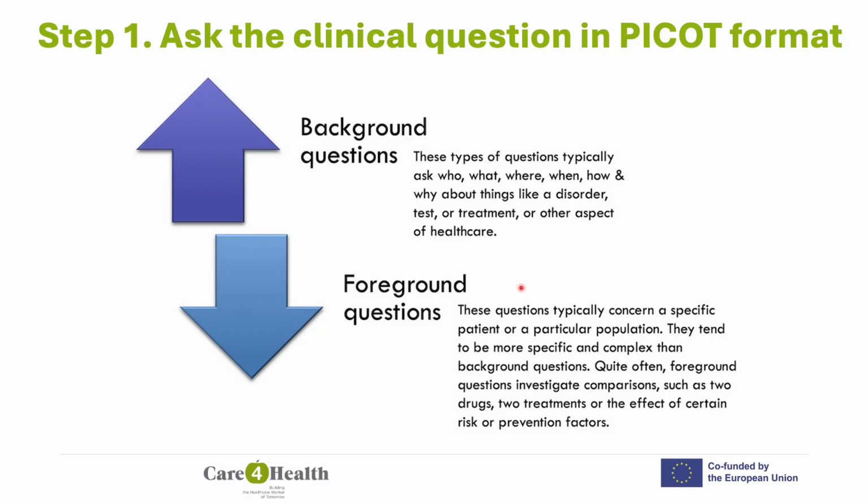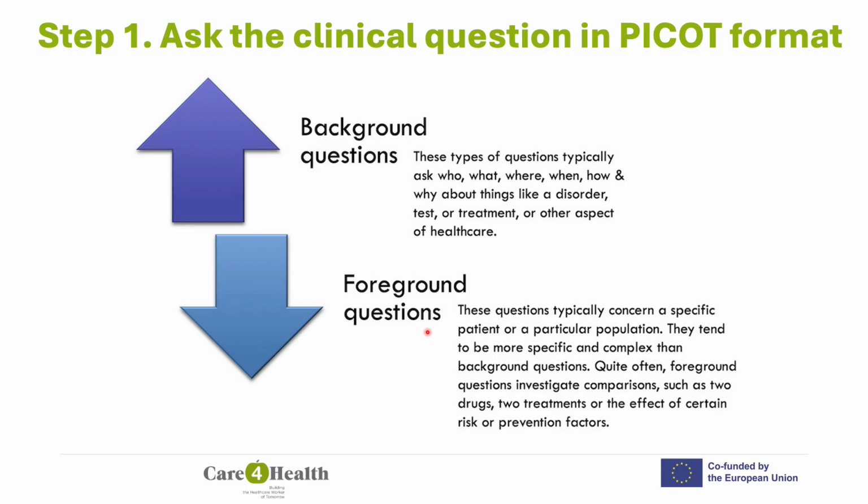On the other hand, foreground questions, also called clinical questions, are generally very detailed questions that can best be answered with the information contained in published research studies, for example, scientific articles and clinical practice guidelines. These questions typically concern a specific patient or a particular population.